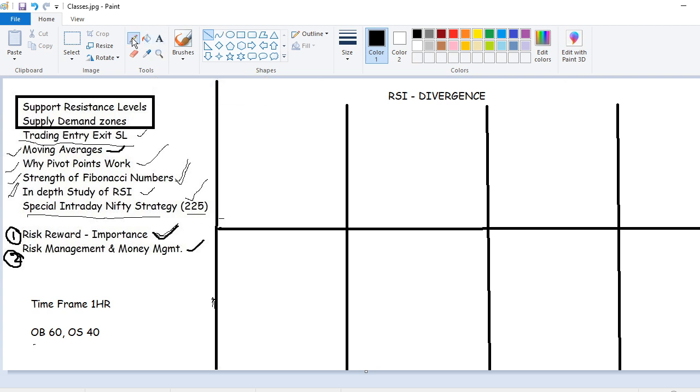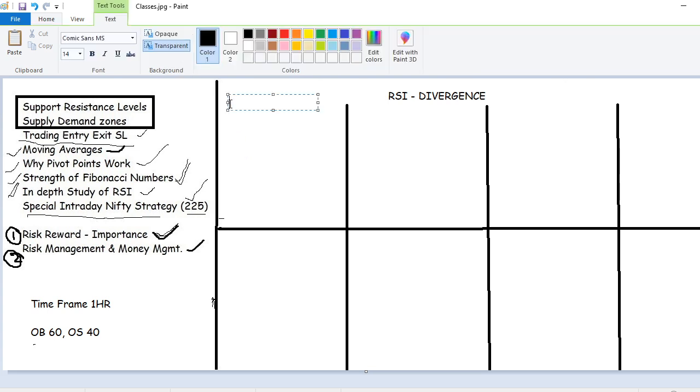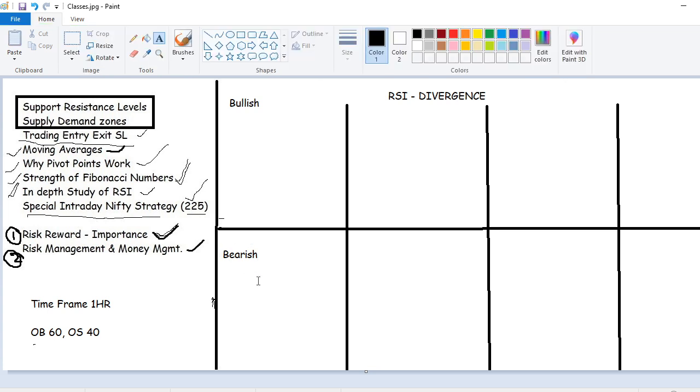Now the thing is here, we'll take 2 conditions. One is bullish divergence, the other bearish divergence. Right? Now what did I say? For the bullish divergence, we need to check the lows, swing lows. Let's suppose the stock is making lower lows like this.